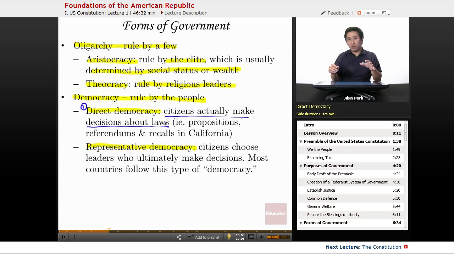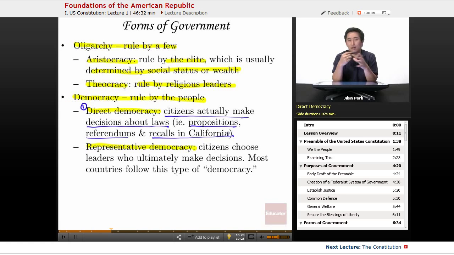But even in the United States, in California in particular, there are examples of direct democracy happening. For example, there are propositions, referendums, and recalls in California. This is where literally the people, rather than the legislature, decide. So not only are there forms of elections, but in some states in the United States, you have more direct democracy.